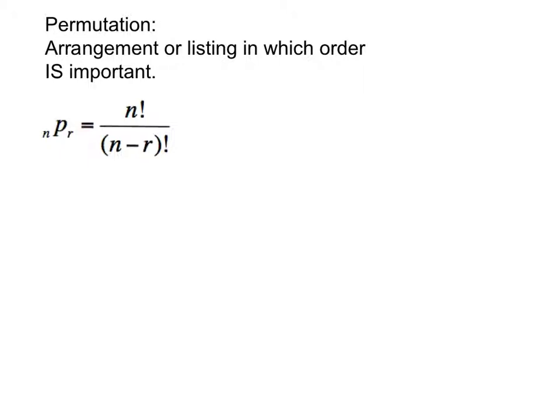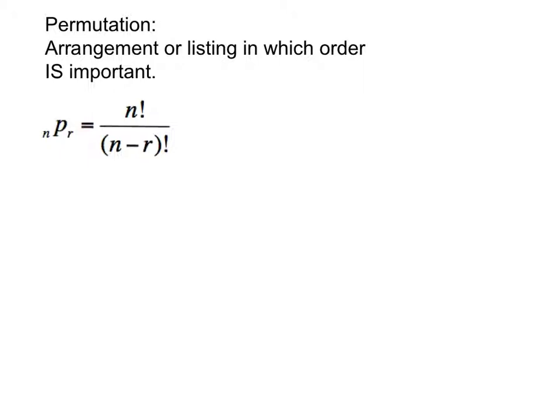Putting Washington for president, Jefferson for vice, and Franklin for treasurer is different than putting Jefferson for president, Washington for vice, and Franklin still for treasurer. The order that I choose these 3 guys matters, so we call it a permutation.